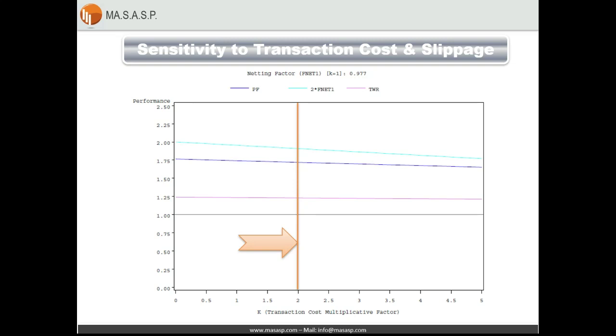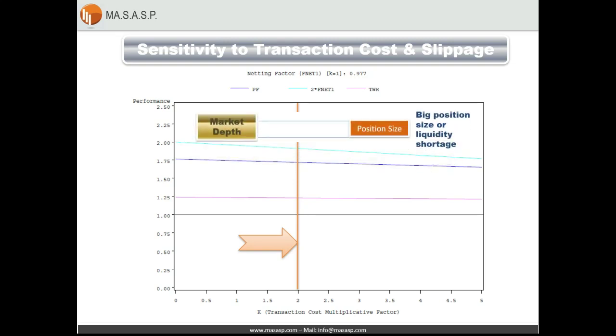The tick 2 on the x-axis refers to a scenario where issues arise and a transaction cost have to be multiplied by a factor of 2. The tick 3 refers to a scenario where even bigger issues arise and a multiplication factor of 3 has to be taken into account, and so on.